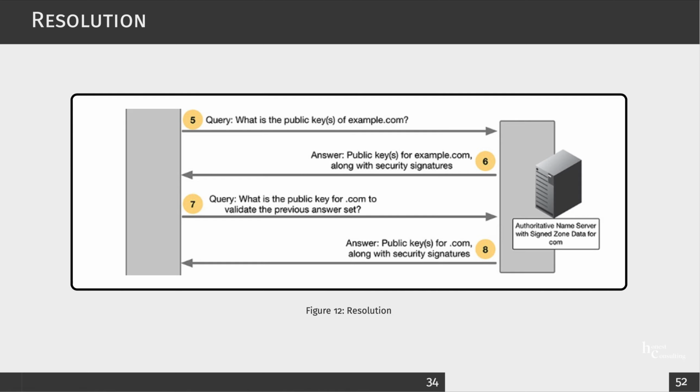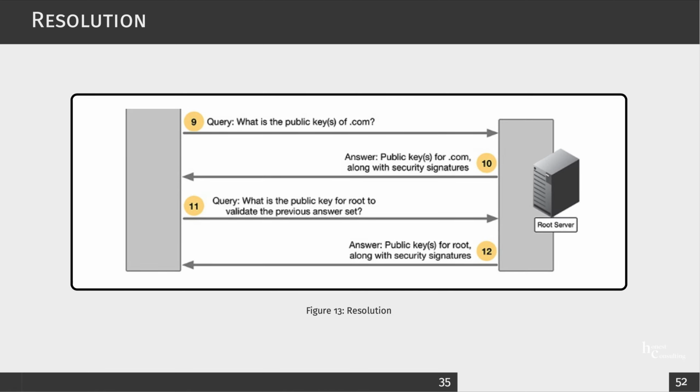So in that case, again, it's a key signing key. And in the last step, because we have to follow the entire chain, the validating resolver tries to find out what were the public keys that were used to sign .com.